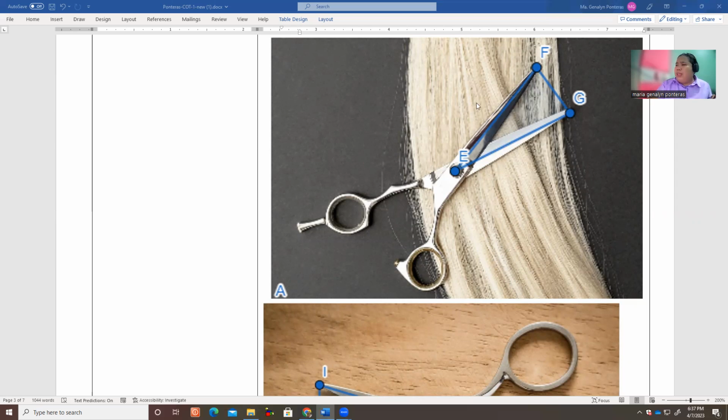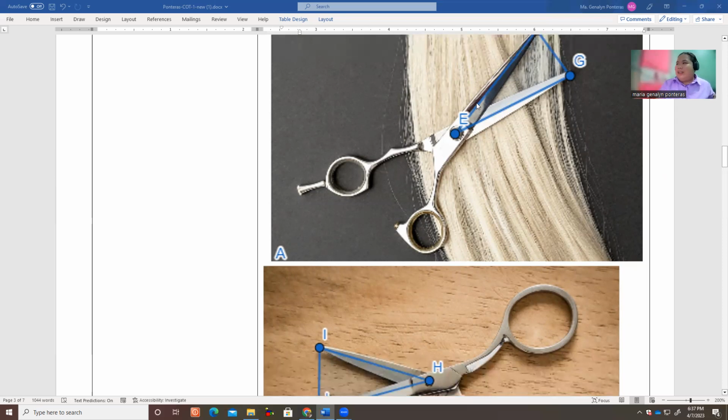Yeah. So if we have two blades, so if we have blades like this, wait lang, let me get a possible example. So the first open of scissor, this one. So this is the first open of scissor natin. If we move the scissor wider, the distance between these two blades becomes longer.